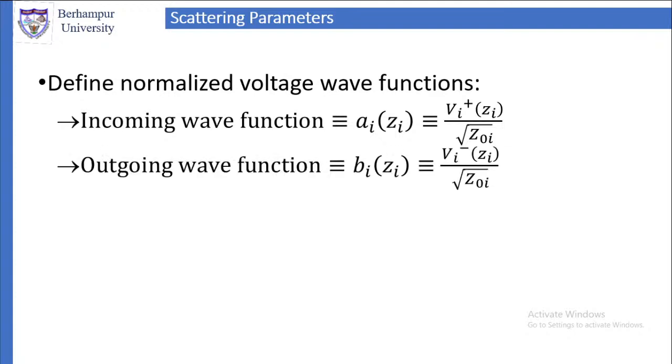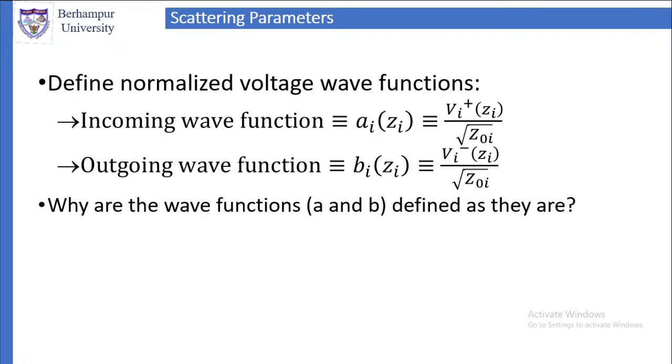Similarly, Bi is equal to Vi- divided by the square root of Z0i, which means we are normalizing the incoming voltage and outgoing voltage, the voltage coming towards the port and the voltage going out of the port, with respect to the characteristic impedance of the transmission line.